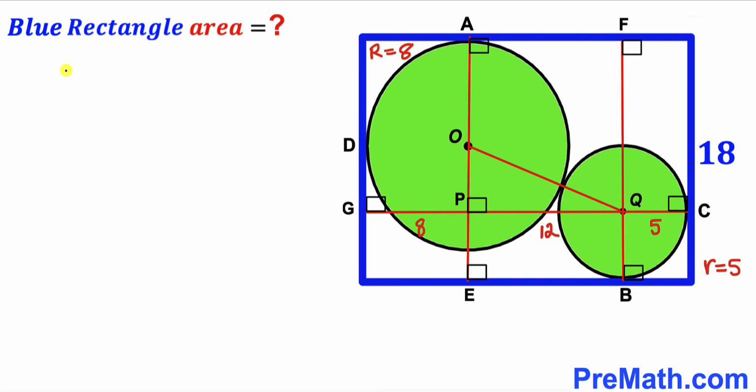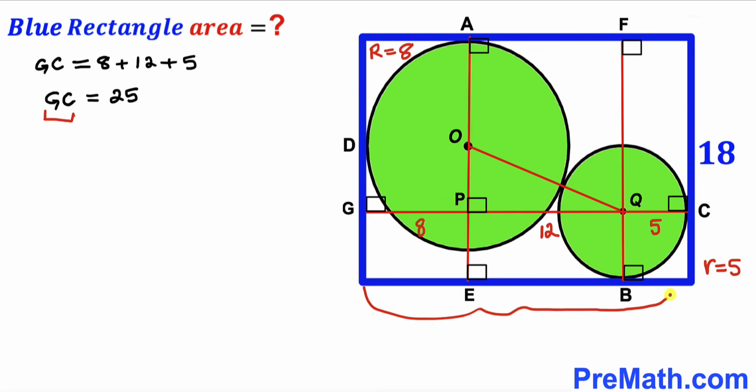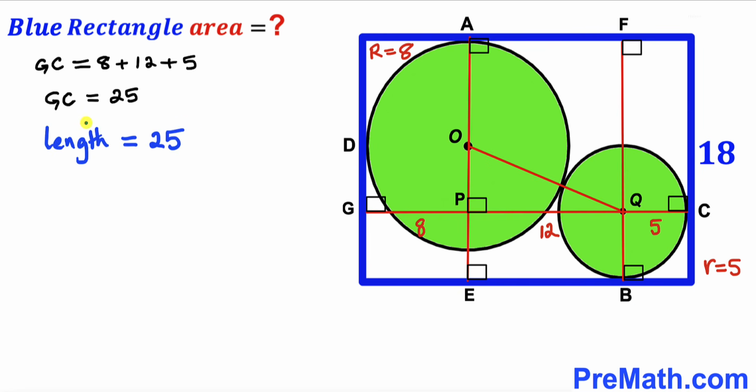So our GC length is going to be equal to 8 plus 12 plus 5, and if we add that, our GC side length is going to be equal to 25. This GC length is the same as the length of this blue rectangle. So the length of the blue rectangle simply turns out to be 25.